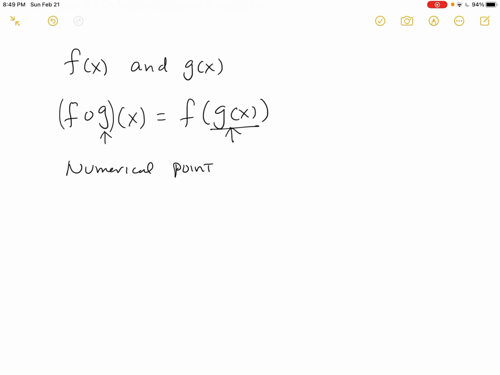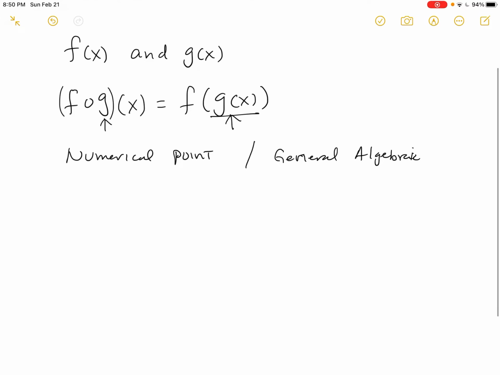So you'll want to first apply the number to g, see what g does to it, and then apply it to f. And then the other thing that they're going to ask you to do is do it in general, algebraically. You'll see both in the homework, and I have some examples from the homework right here.